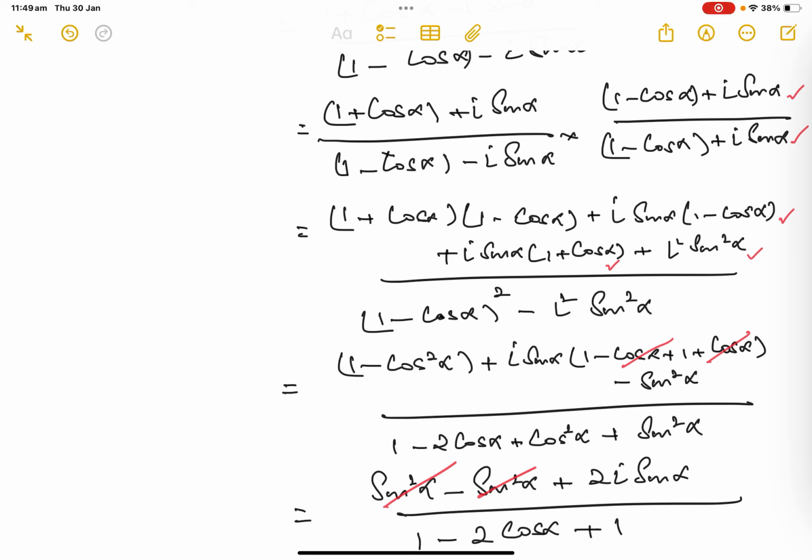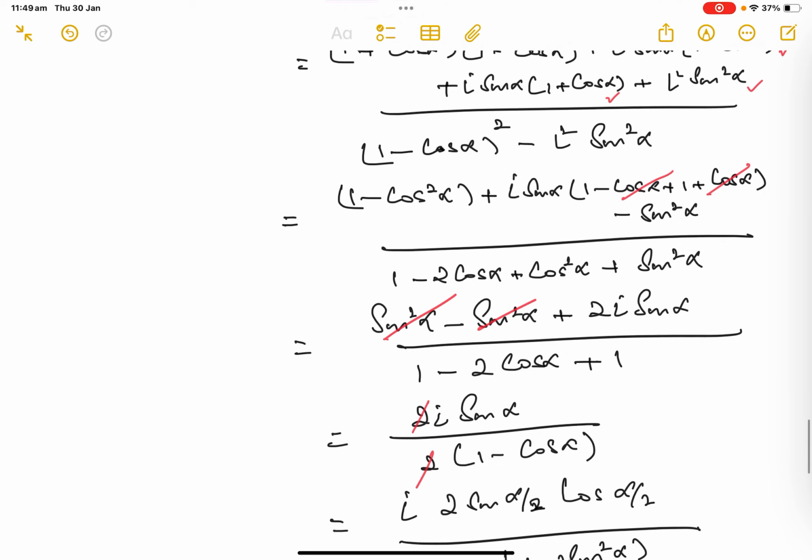The bottom one is a minus b times a plus b, therefore a squared minus b squared: (1 minus cos alpha) squared minus i squared sin squared alpha.